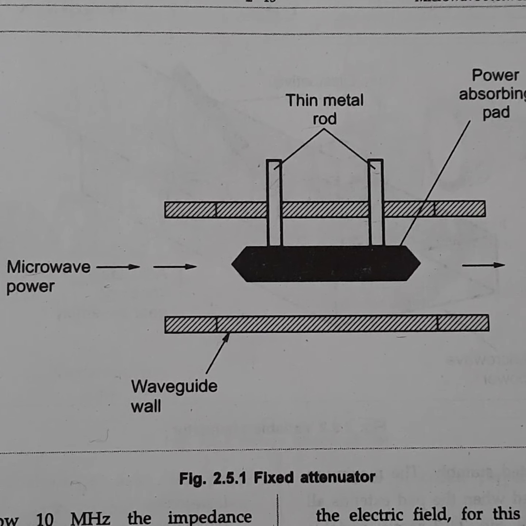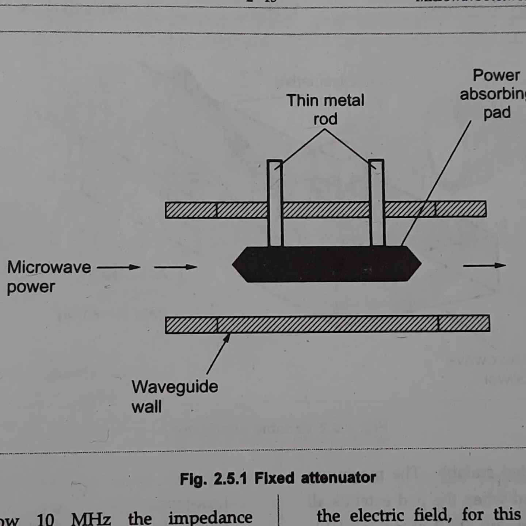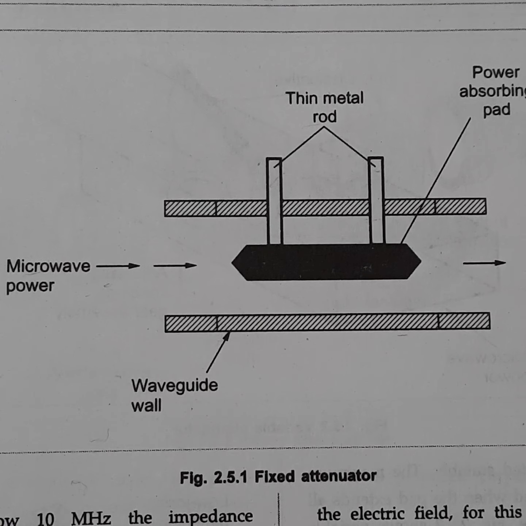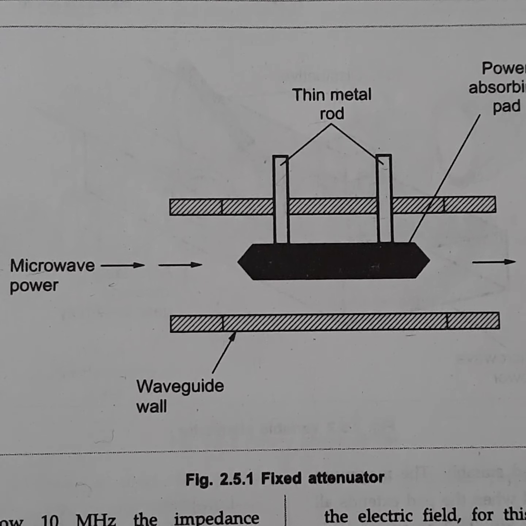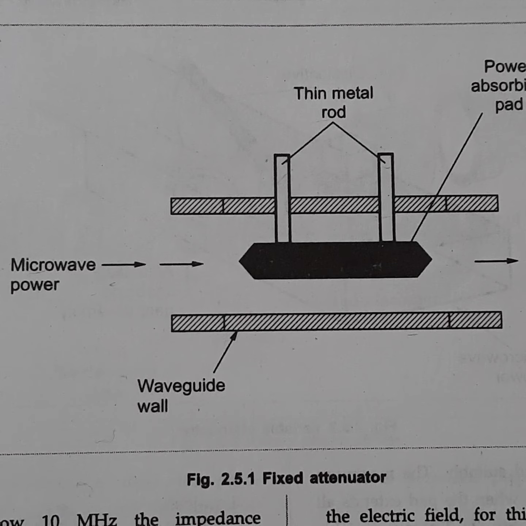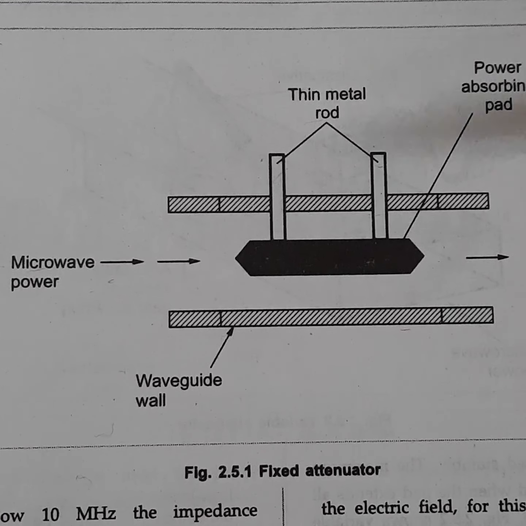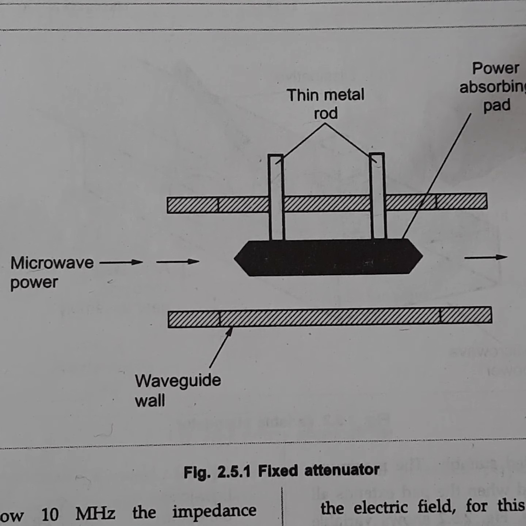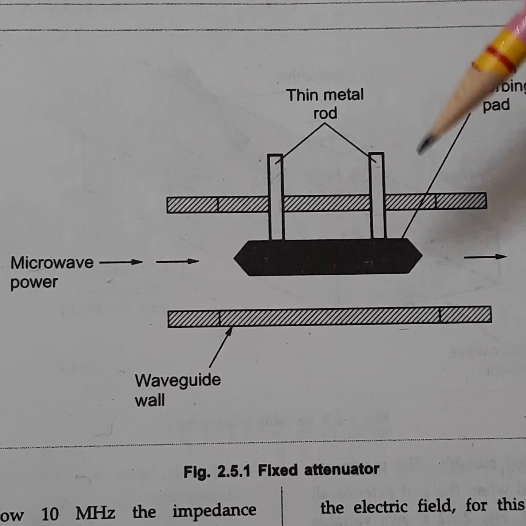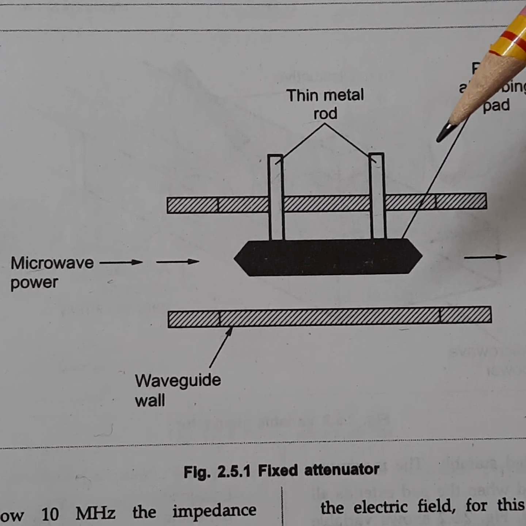The amount of power that a fixed attenuator absorbs depends on various parameters. So, what are those parameters? The first one is the strength of the dielectric field produced.